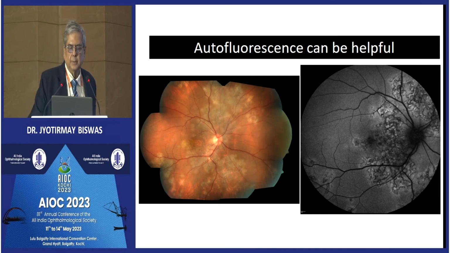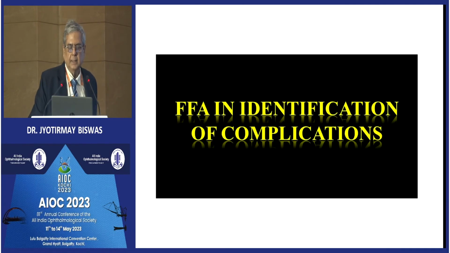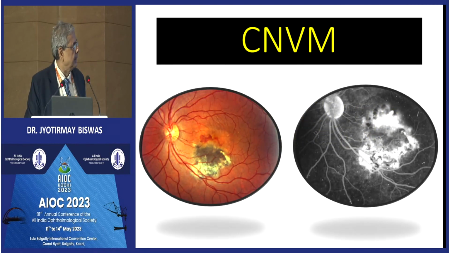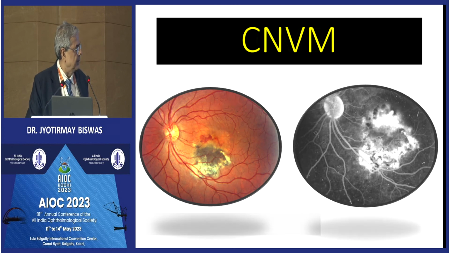Of course, autofluorescence can be useful to monitor the disease process. FFA can identify several complications, like here is a CNVM. I took this photograph about 20 years back, and at that time OCT was not there. On fundus fluorescein angiogram, lacy hyperfluorescence was seen.